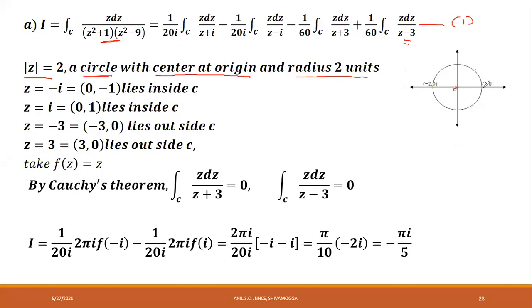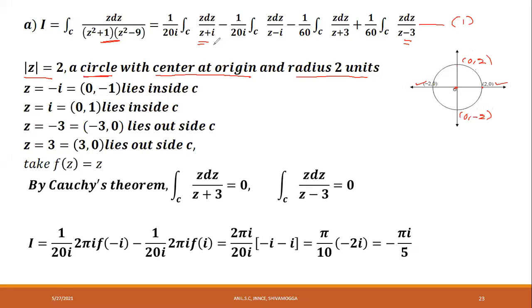Since the radius of this circle is 2 units, the coordinates of this point will be (2, 0), this point (minus 2, 0), this point (0, 2), and this point (0, minus 2). And this function z divided by z plus i is not analytic when z plus i is equal to 0.